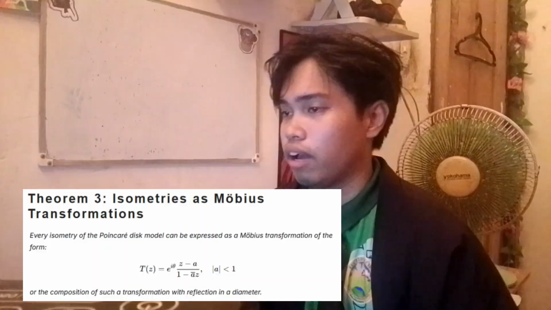So let's break it down in simple words. Isometries are how shapes move inside the Poincaré disk model. These are the allowed ways to move things around without changing their shapes or their size.